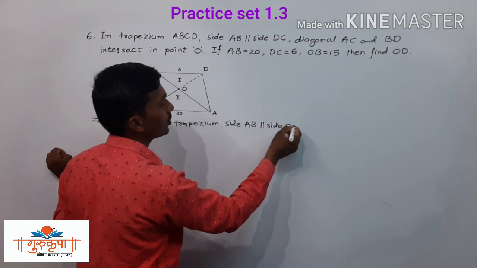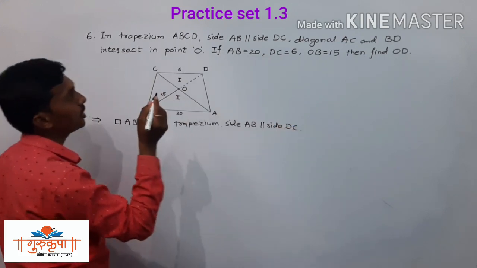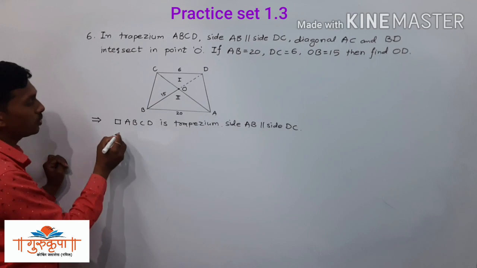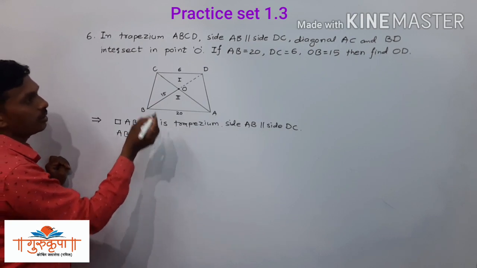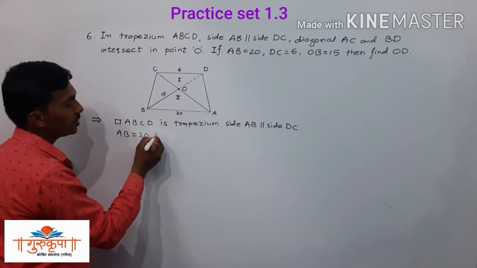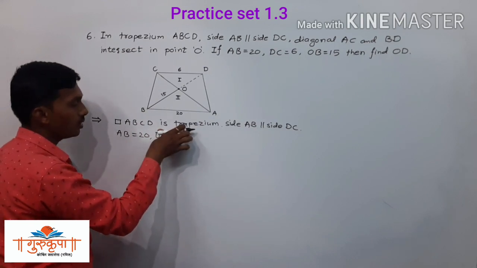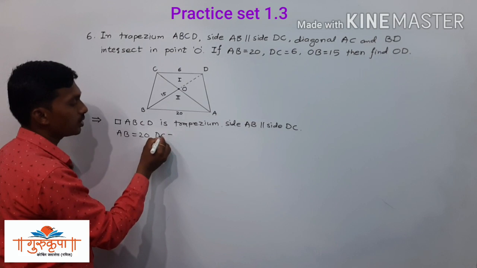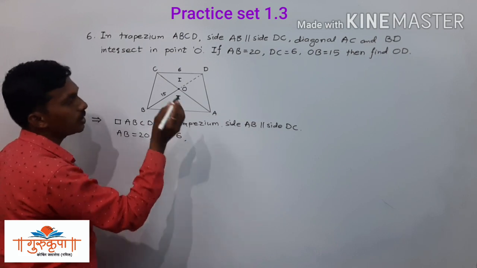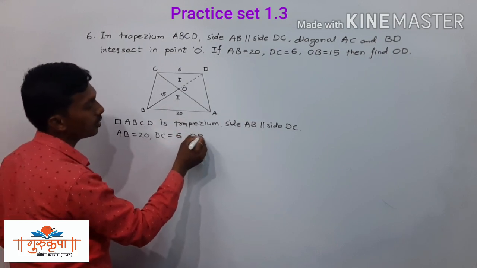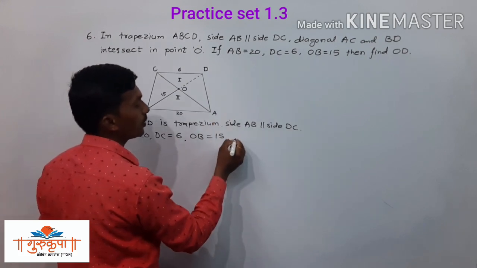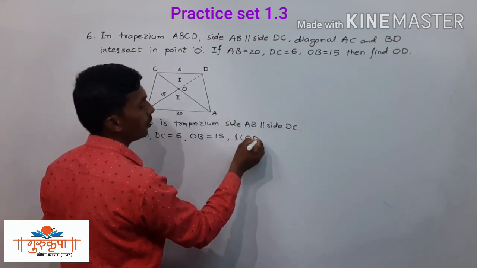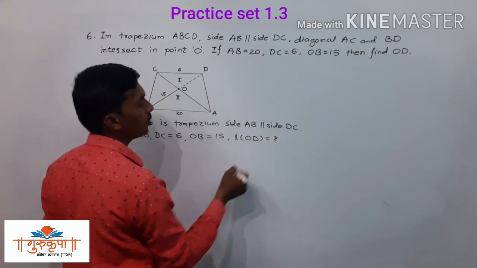That is the given information. It is also given that AB is equal to 20, DC is equal to 6, OB is equal to 15, and we have to find the length of segment OD.